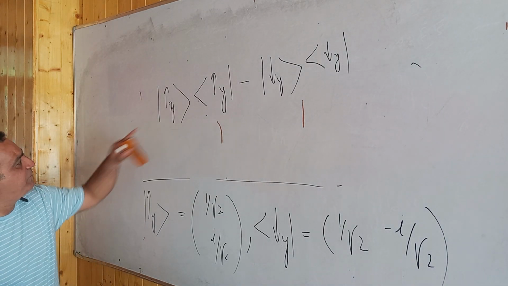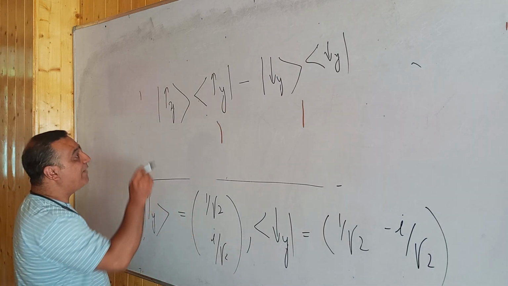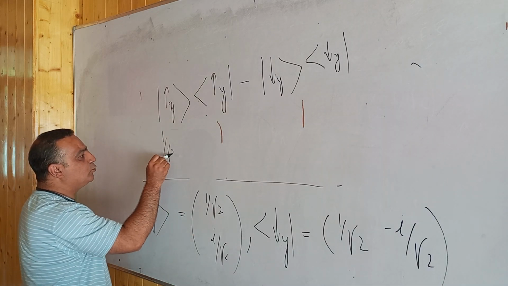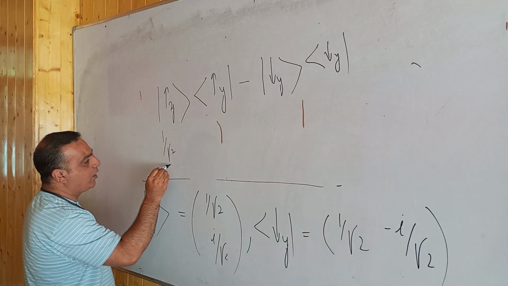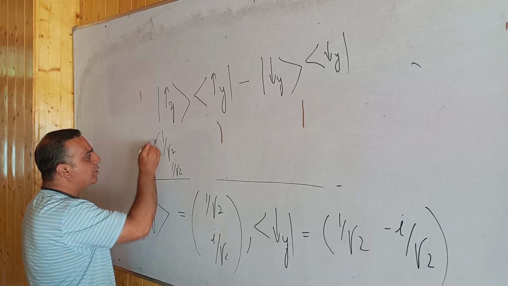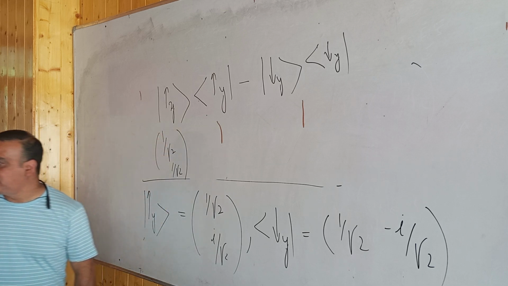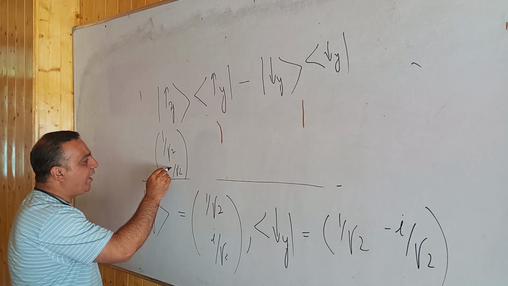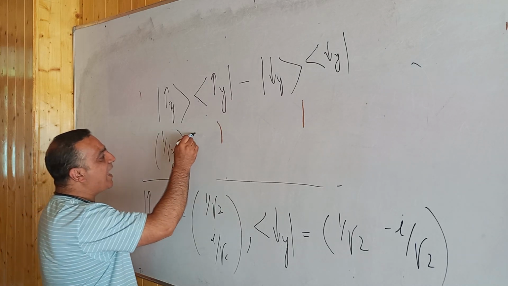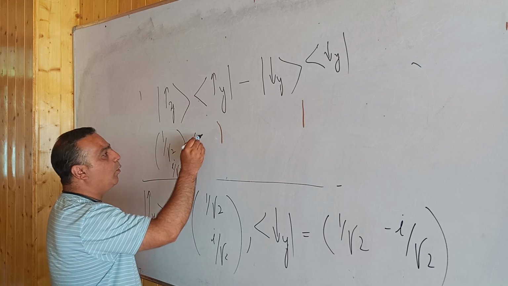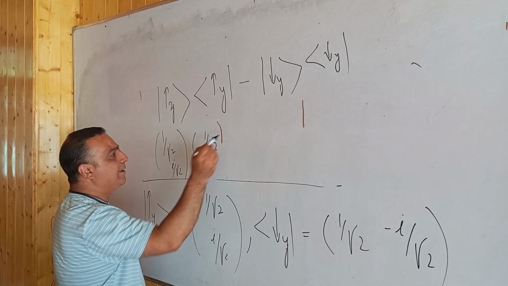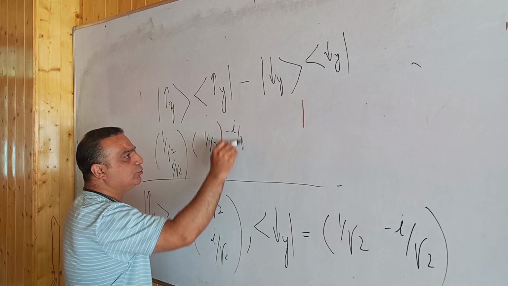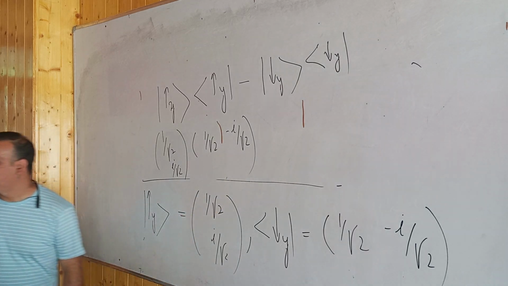So for the ket of spin up along y, I have 1 by root 2, then I by root 2. So for this, you have a column matrix, and here I have iota. Okay. And then here I will have 1 by root 2 and minus I by root 2. It has to be like this. Fine?